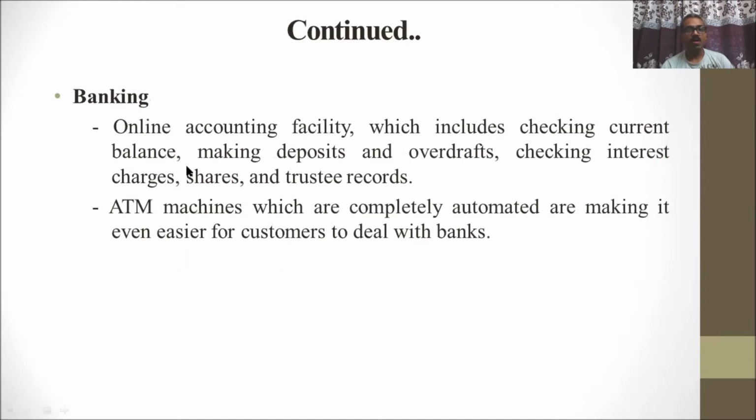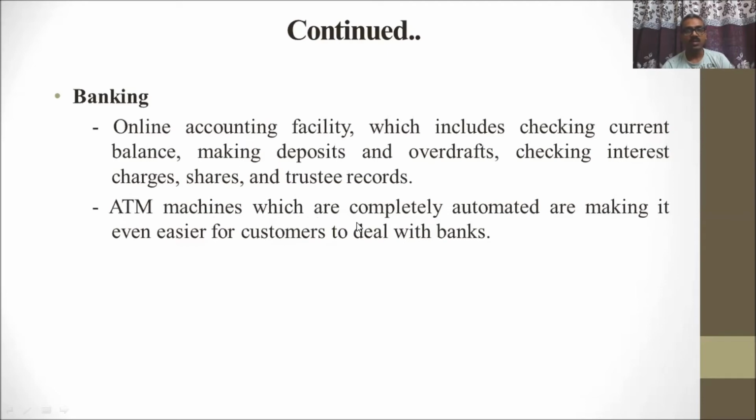Banking. Online accounting facility which includes checking the current balance of the customer, making deposits and overdrafts of the customer, checking interest charges, share and trustee records. So these operations are performed by the banking software.